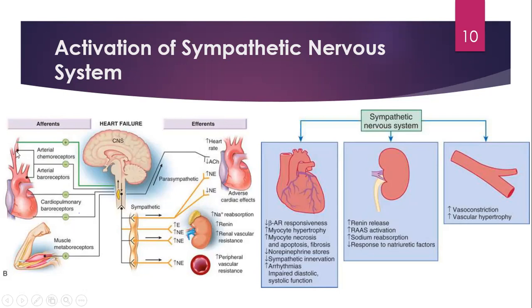You have the chemoreceptor in the carotid body that senses metabolites in the blood, so the carbon dioxide level and other metabolites can activate this receptor to send stimulatory impulses to the cardiovascular center.